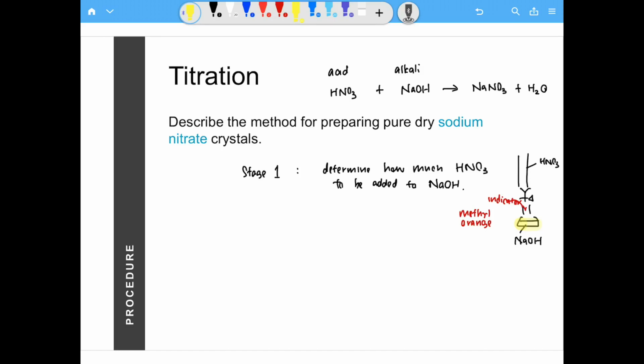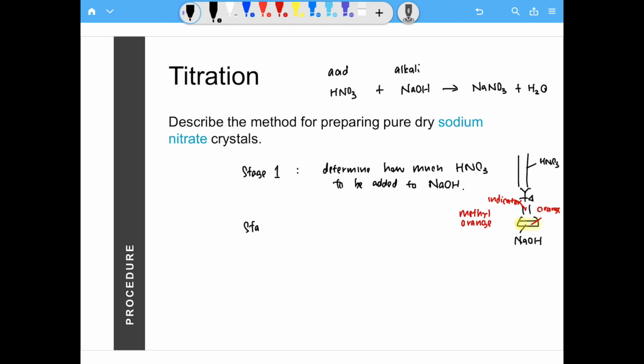At the point where you have added just enough nitric acid to neutralize all the sodium hydroxide, the solution will turn orange. So at this point you would know that you have added just enough nitric acid. Based on this stage 1, we would know the volume of nitric acid that's required to neutralize all the sodium hydroxide.